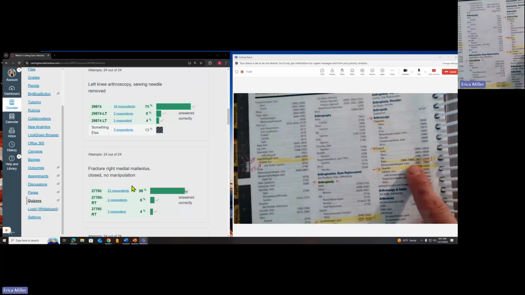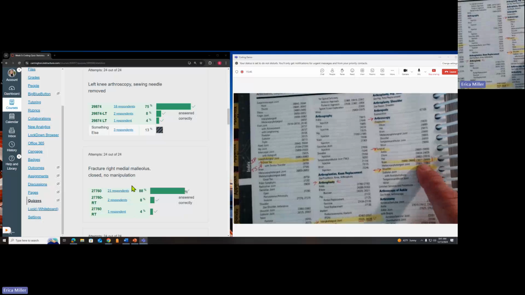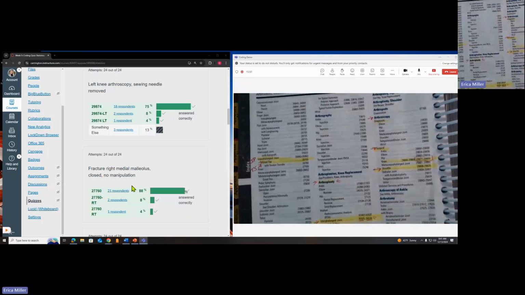Here I am. All right, arthroscopy, knee. And then you've got two ranges of codes, right? So you're going to go back and say, okay, what have I not captured from the index? Well, a sewing needle was removed.